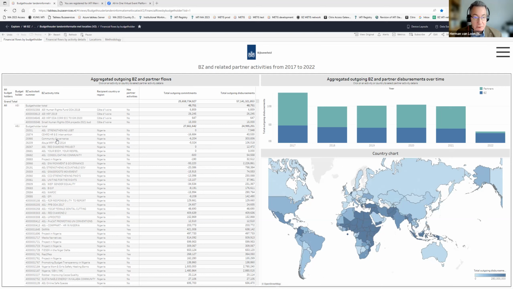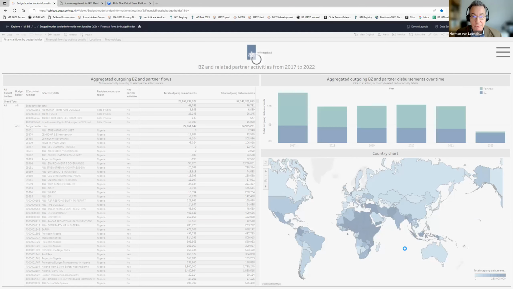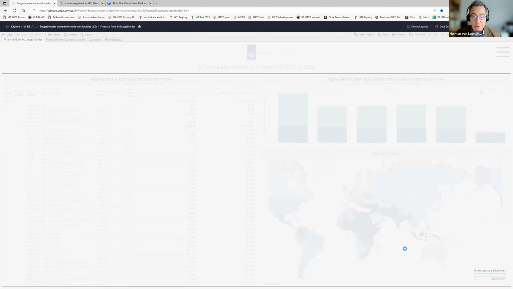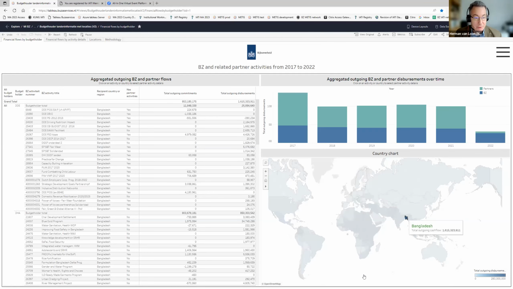Let me, for instance, show a specific country. I choose here Bangladesh. This is the scary part in a live demonstration. Will the system respond in time? Now you see here that this list now only shows the Bangladesh activities.